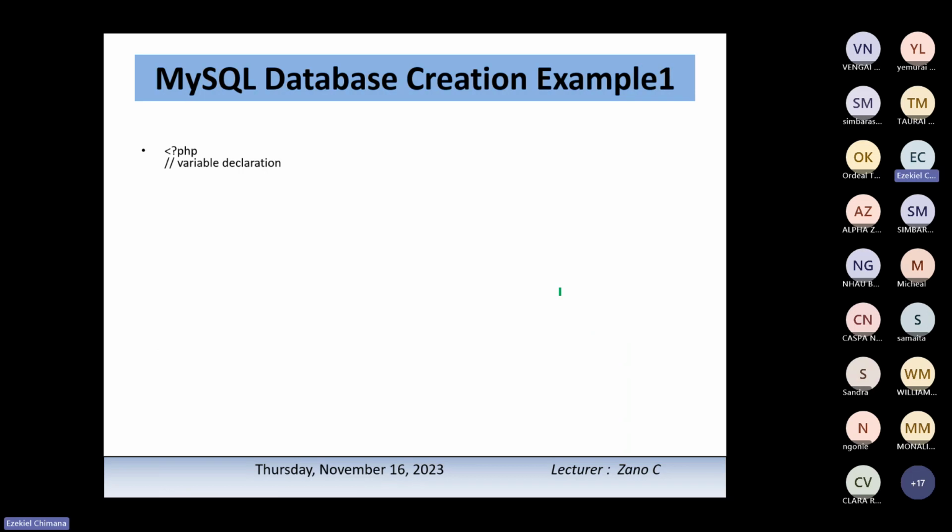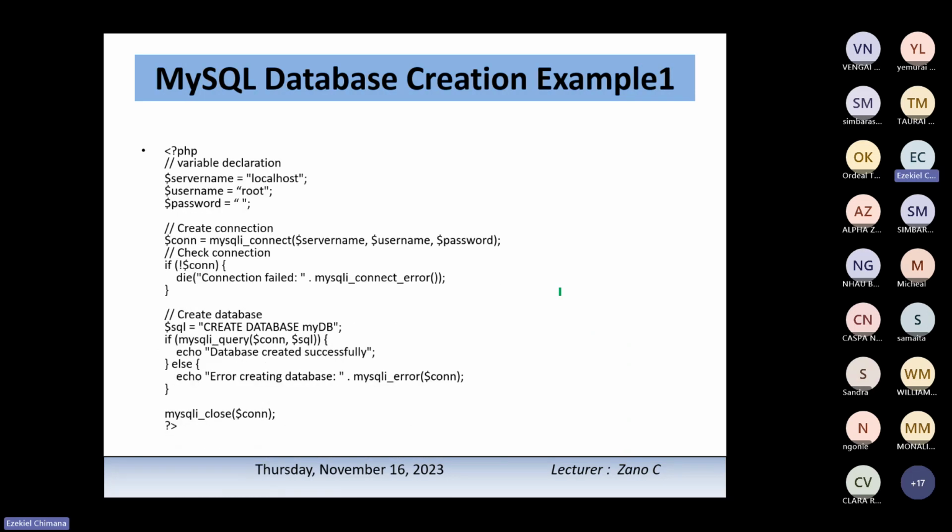So, MySQL database creation. This is just an example of creating the MySQL database using this code. This one is just the PHP file. The server name is localhost, the username is root, the password is this one.